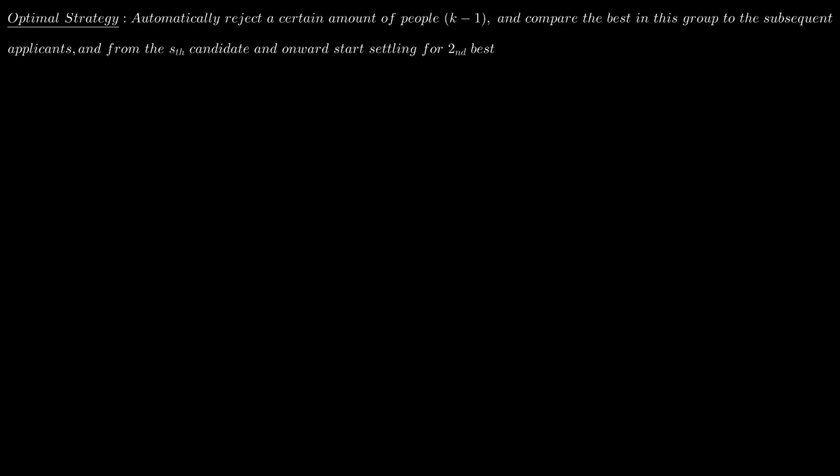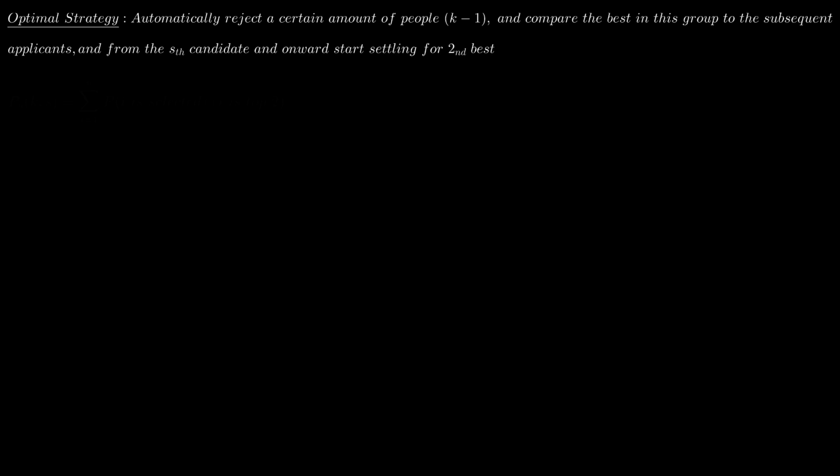But also at some point, we'll call this point S, from the S candidate and onward, we start settling for a second best. In other words, we're compromising for i equals S and onwards in order to maximize the probability that we'll select the top 2 candidates. So how do we formulate this mathematically?